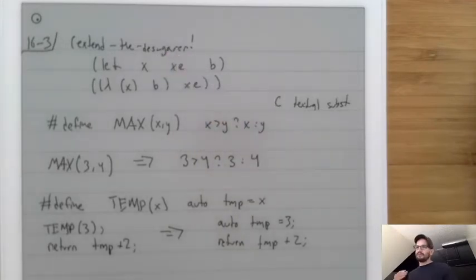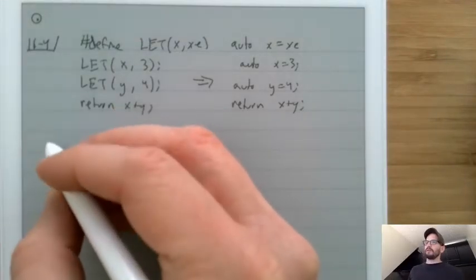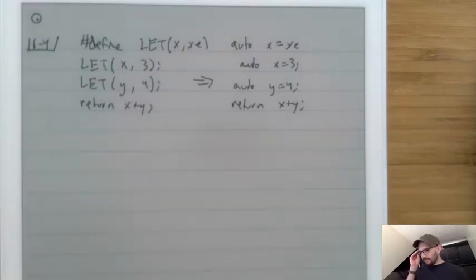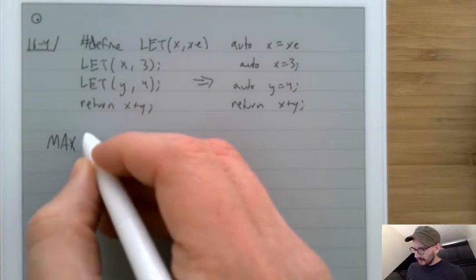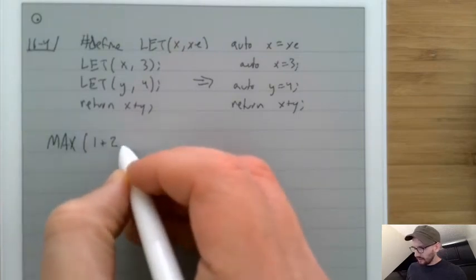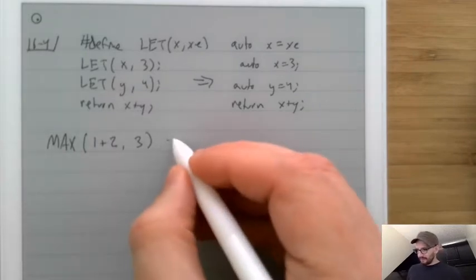However, the problem with C macros is their textual substitution has big fundamental problems. For example, what would happen if we wrote the following? What would happen if we wrote max of 1 plus 2, 3? Well, that's going to get converted to the following.